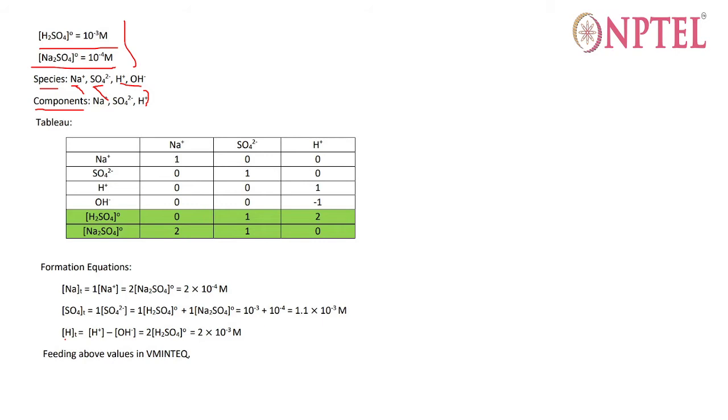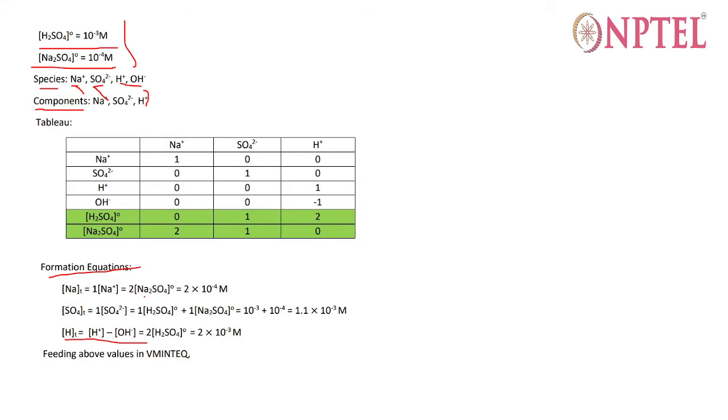From H2SO4 we are getting 2 H plus and from Na2SO4 we are getting 0. So right now we will form the equations. Total Na will be 1 multiplied by Na, and it will be equal to 2 of Na2SO4, because Na2SO4 is the only source in the solution which is providing the Na.